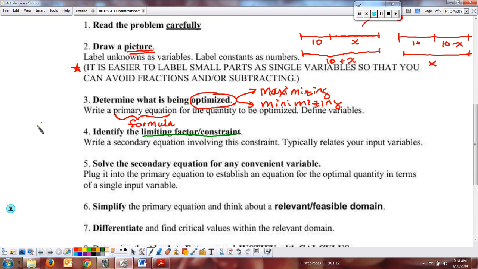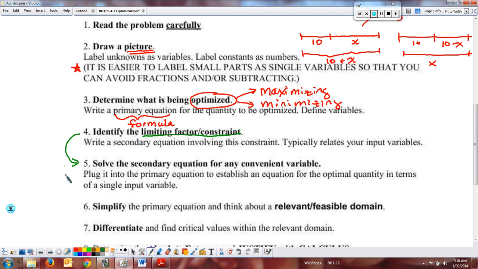So steps 4 and 5 kind of go together. You're going to immediately take that secondary equation, the one that relates your input variables, and solve it for a convenient one. It usually doesn't matter, but we do want to plan ahead and ask which one gives me the easiest derivative. Go ahead and do that, and then we substitute.